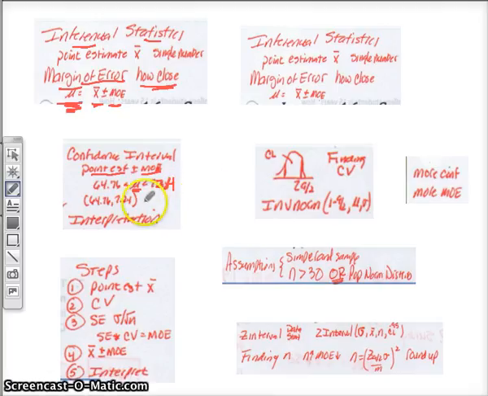Now I could write that this way using parentheses, and it means the same thing. However, one thing that is crucial in statistics is being able to explain it to Joe Blow on the street. So what that would mean is, given what I just mentioned, how would I word that?